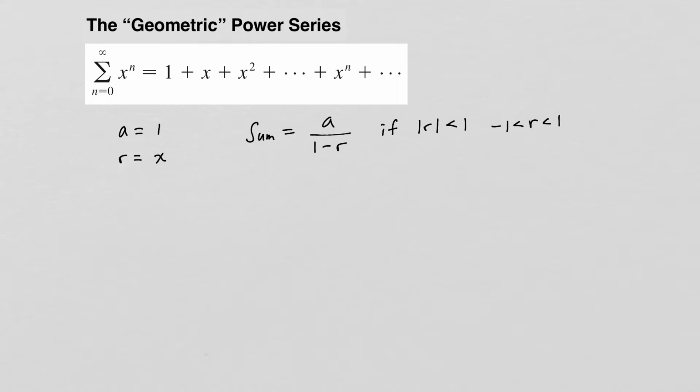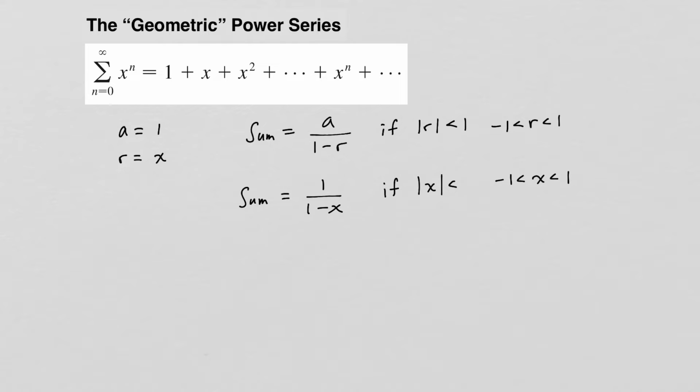So for this particular power series, the sum is going to be 1 divided by 1 minus x. All I'm doing here is plugging these values into the formula. And this will be true if the absolute value of r, which is x, is less than 1, which means x has to be a number in between 1 and negative 1.